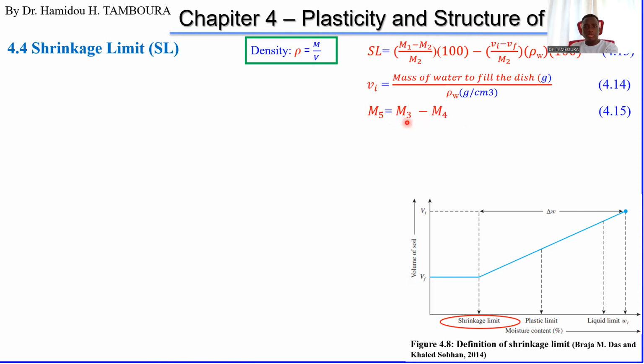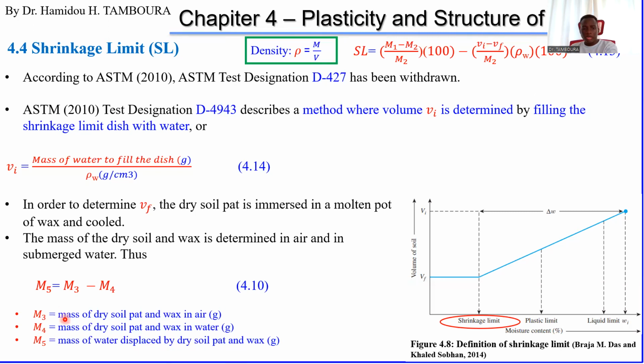This is how we obtain the mass of the displaced water. Instead of using mercury, this new test doesn't use mercury. They are using wax, and the wax around the soil is weighed in air and in water.